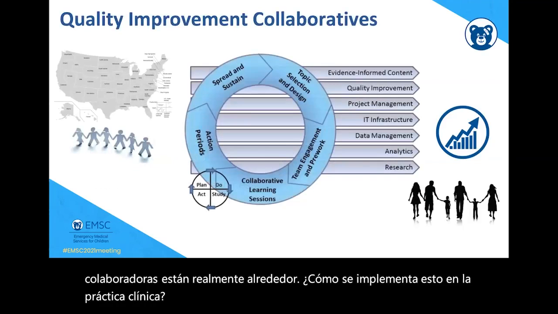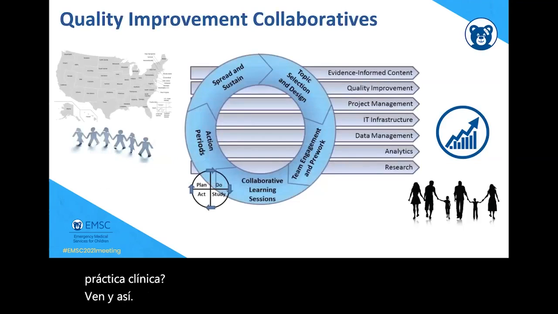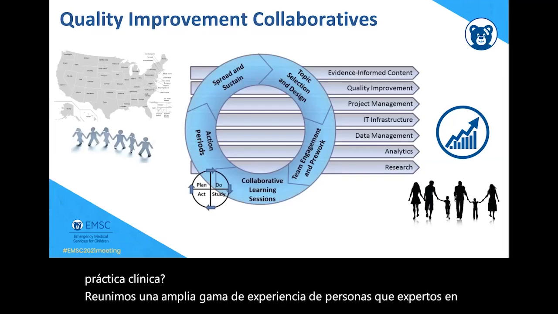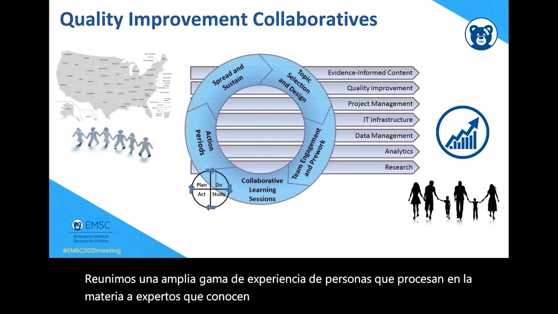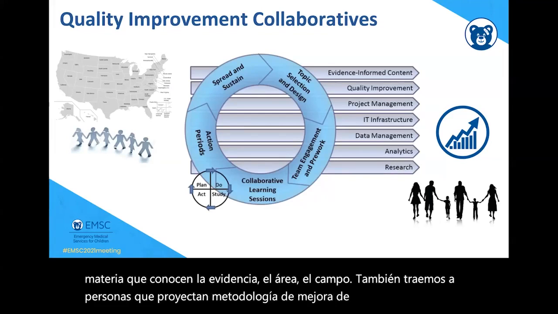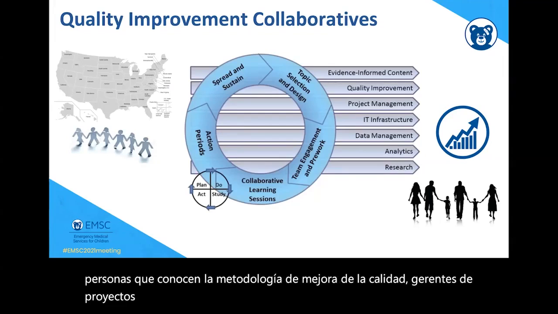And so we bring together a wide range of expertise: subject matter experts who know the evidence, who know the area, who know the field. We also bring in people who know quality improvement methodology, project managers, IT infrastructure, data and analytics.